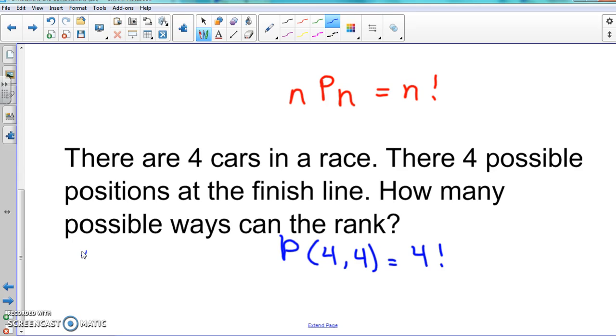And 4 times 3 is 12, times 2 is 24, then times 1 is 24. So you can say it's either 4 factorial or 24 possible ways. So again, if it's the same number, like 4 and 4, we use this and do 4 factorial. If it's different numbers, we'll talk about that in a few minutes.